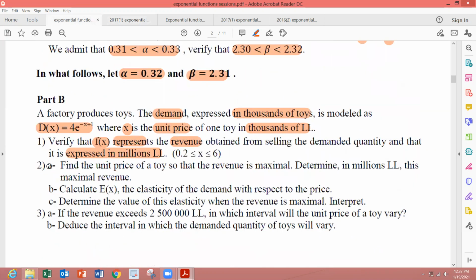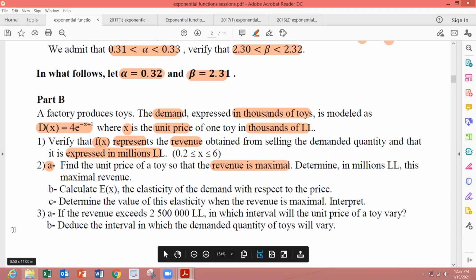Part A, George: find the unit price of a toy so that the revenue is maximal. Find the unit price. What do we do? The derivative of the demand.